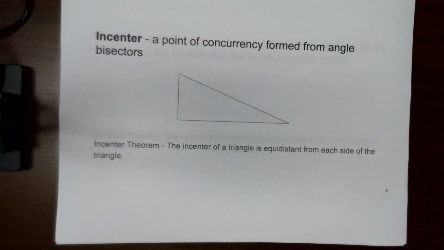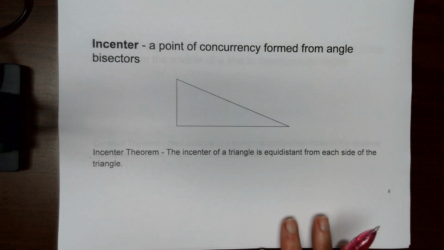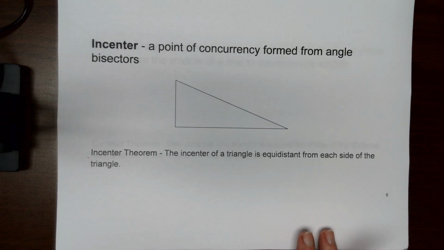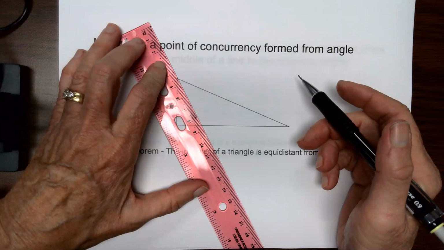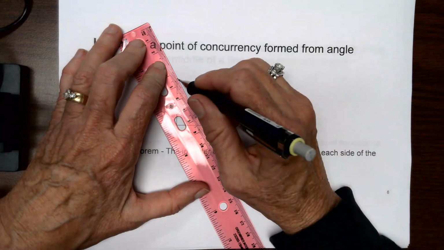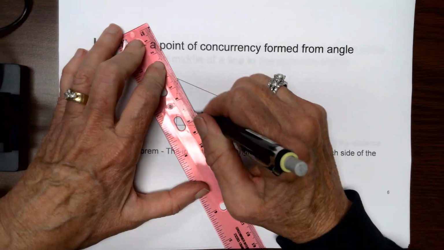The incenter is a point of concurrency formed by angle bisectors. So rather than segment bisectors, these are lines that cut the angle exactly in half. Now these are a little bit harder to draw as far as getting them right.